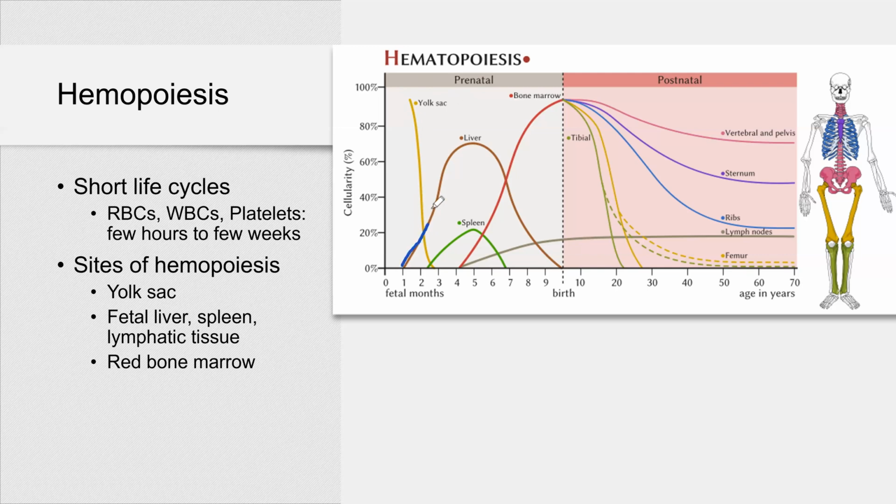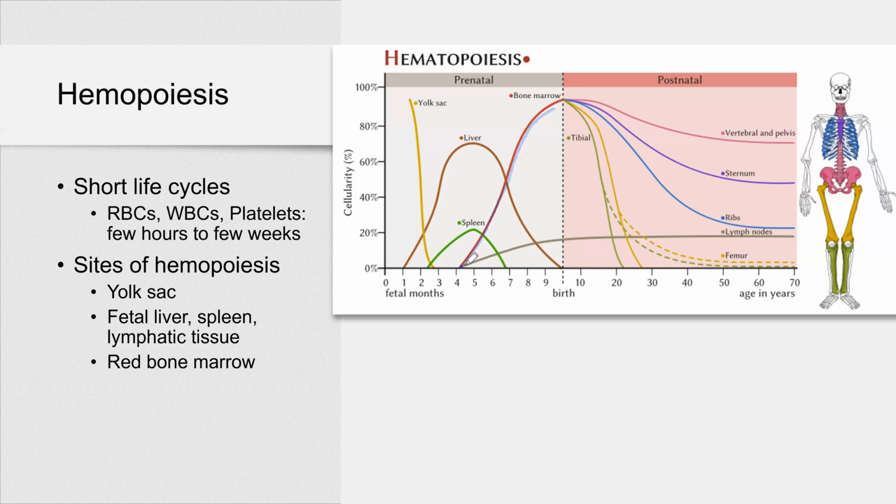And then the liver picks up this job. So most of the blood cells are produced by the liver in prenatal development, some in the spleen, and we see increased production in the bone marrow, right?